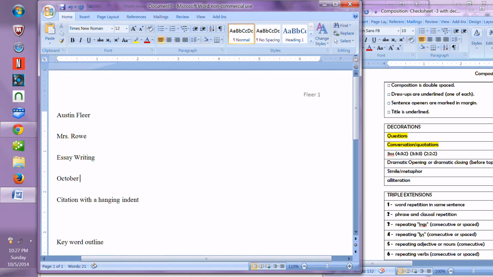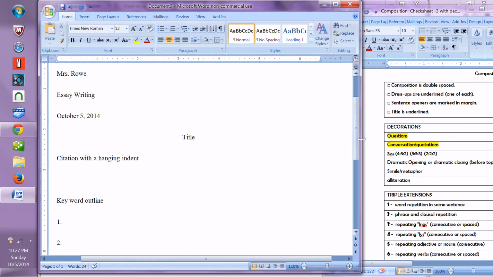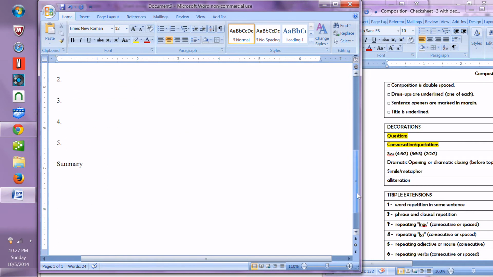So start doing all your papers like this so that it becomes second nature. And then your citation will be your next line. Well, actually, you could put your title and center it. Citation with your hanging indent, your keyword outline, and your summary.